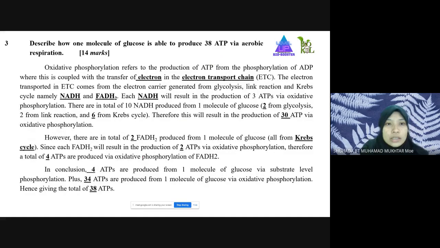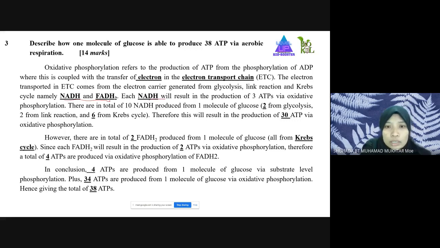Okay, next ialah about oxidative phosphorylation. Refer to production of ATP from phosphorylation of the ADP where this is coupled with the transfer of electrons in electron transport chain. Okay, and then they mention dekat mana dapat NADH dengan FADH2.